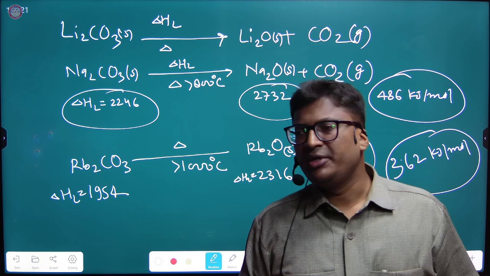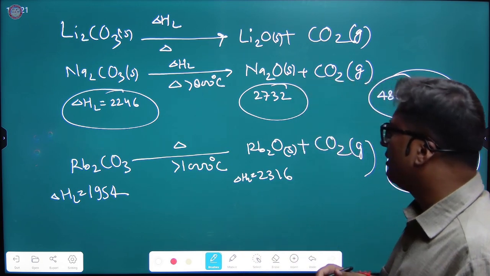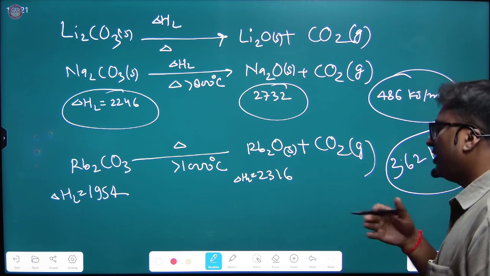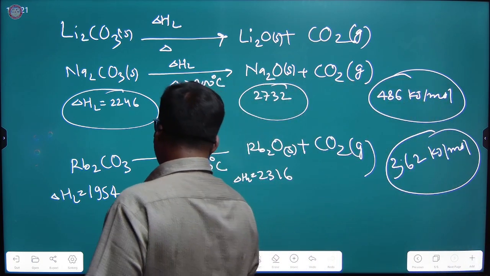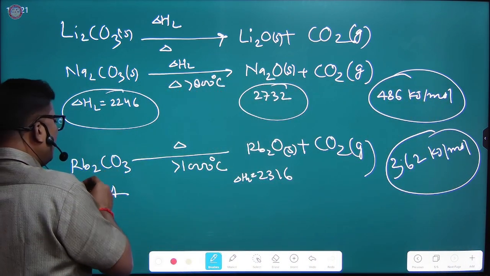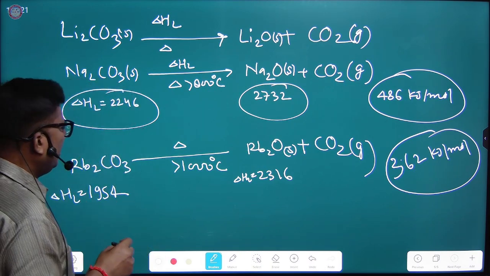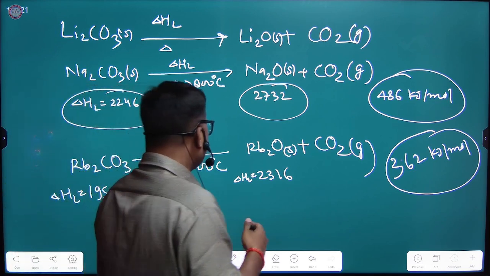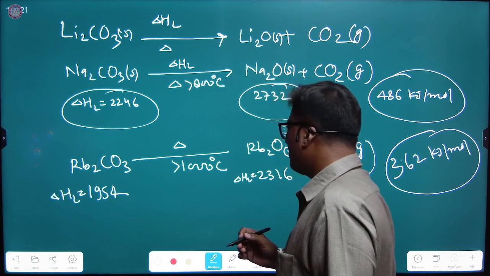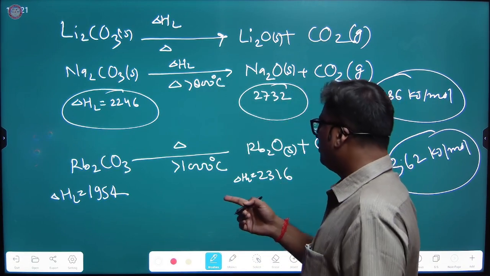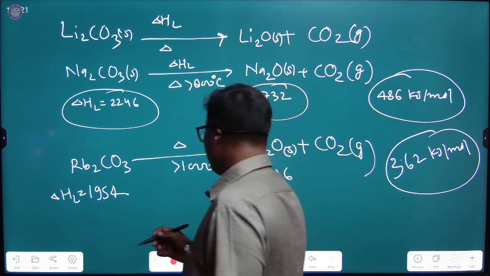more stable means it has high melting points and high ionic character, right? So high ionic character means this is highly ionic and has more electrostatic interaction in this case. So we need much more temperature, much more heat to break this lattice, right?